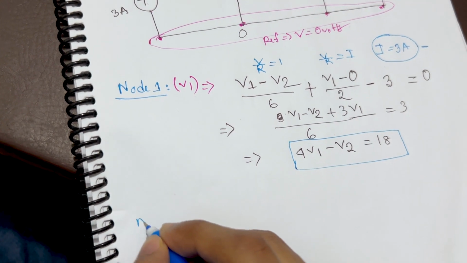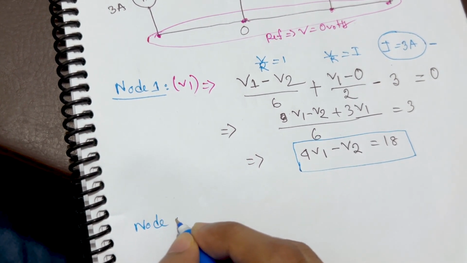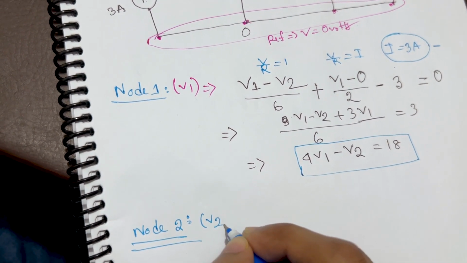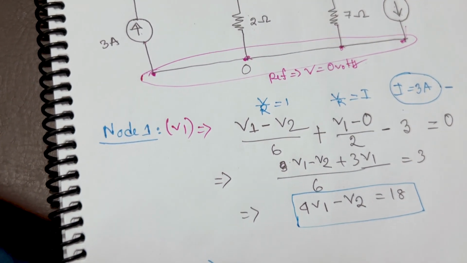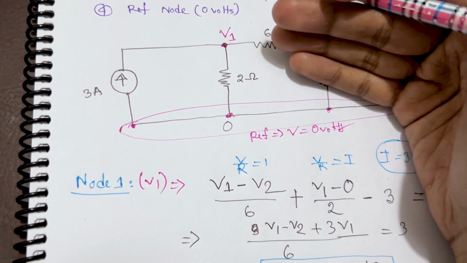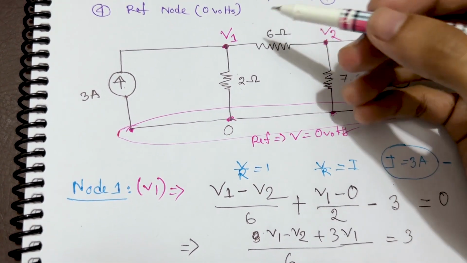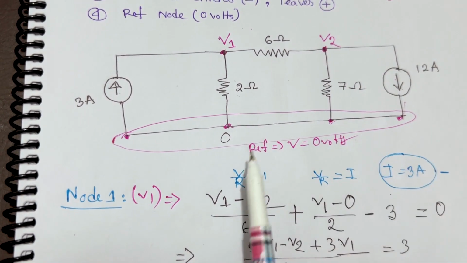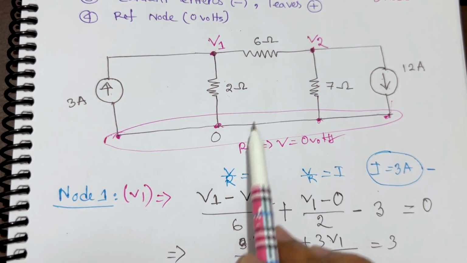Now we need to work with node 2. This is our node 2, and now our leader is V2. We need to work with V2. In node 1, V1 is the leader, we worked with it first: V1 minus 0 over 2 and V1 minus V2 over 6.